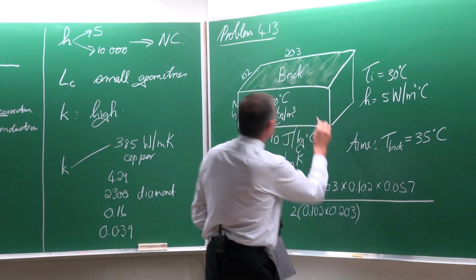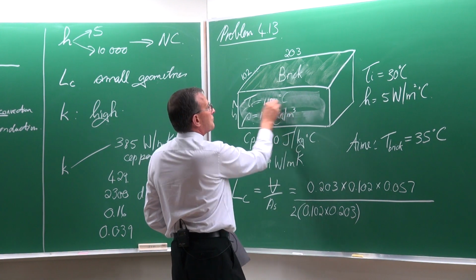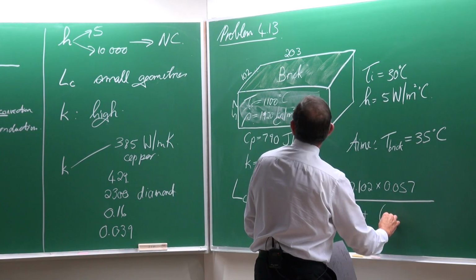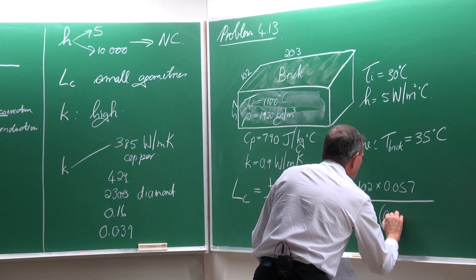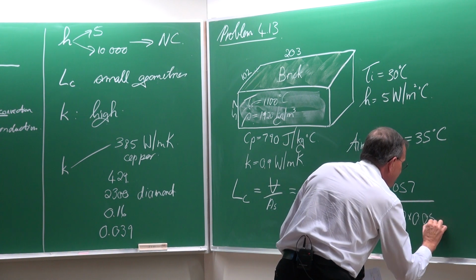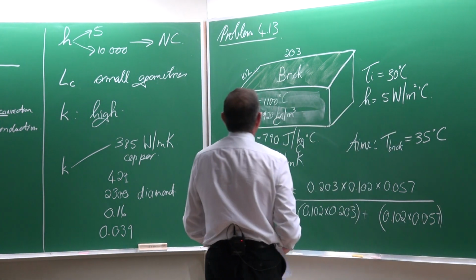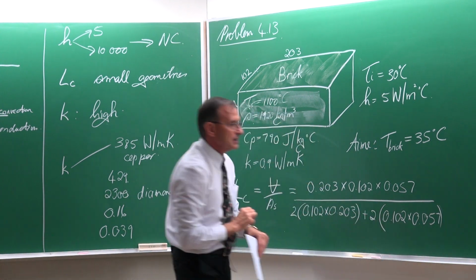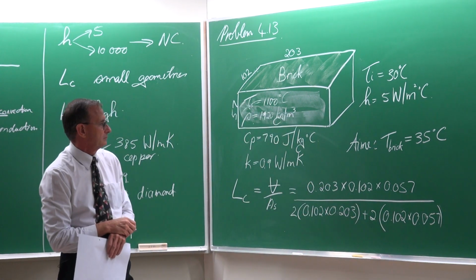Now let's use this one, the surface area there, which is equal to 0.102 multiplied by 0.057. And again, there are 2 of them, at the front and at the back. There it is.